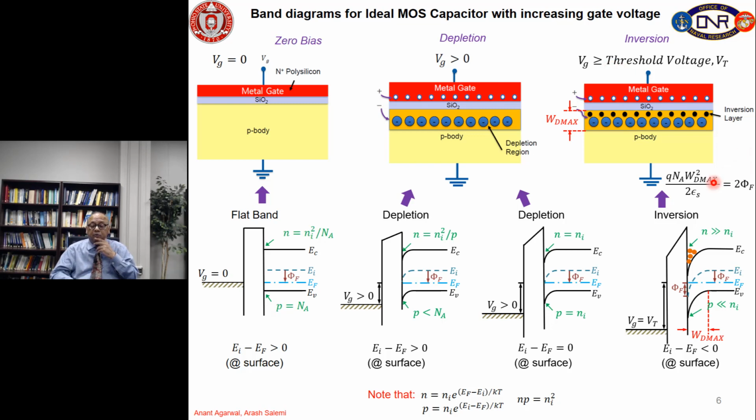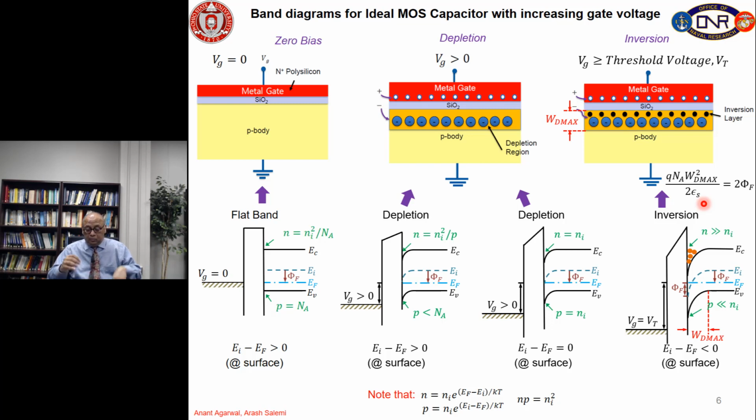And the maximum depletion width is WD max, and you can see from Gauss's law that the total potential in the semiconductor would be equal to q times Na times WD max square divided by 2 epsilon s. All right.